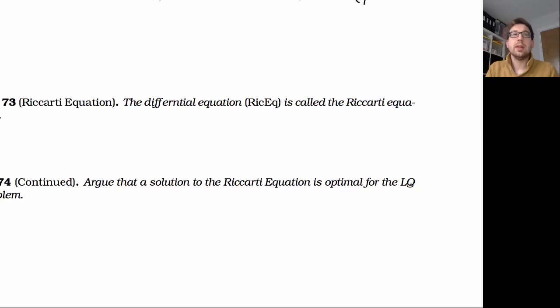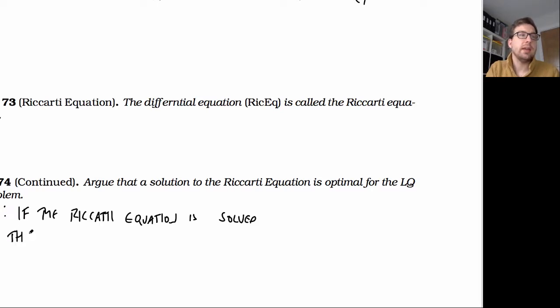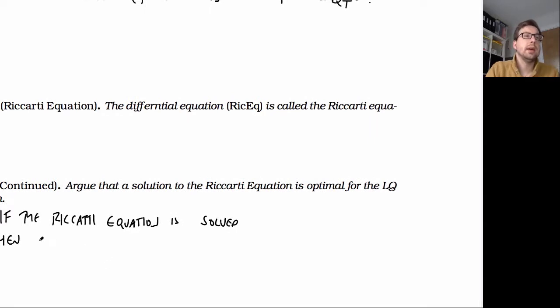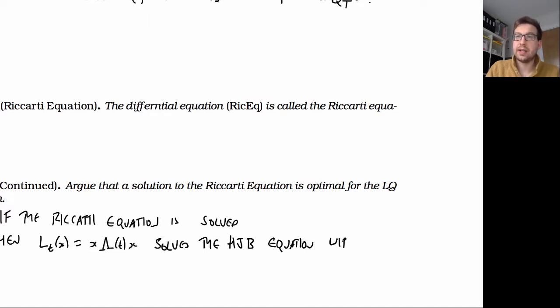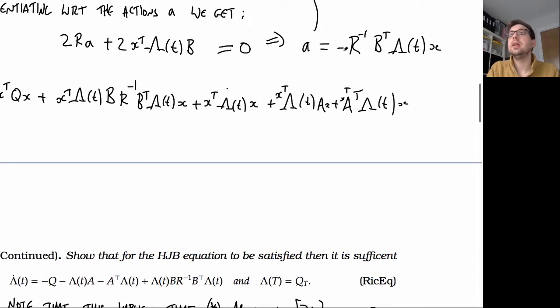So, well, this final step is not too bad, because if the Riccati equation is solved, then L of t of x equal to x transpose lambda t x solves the HJB equation with actions given by the above expression here.